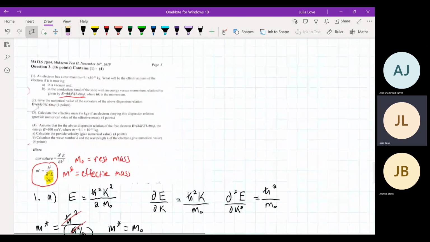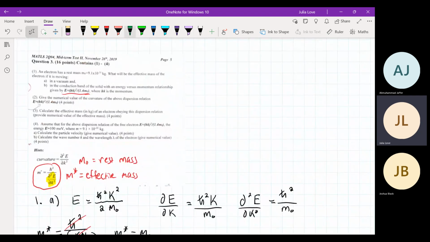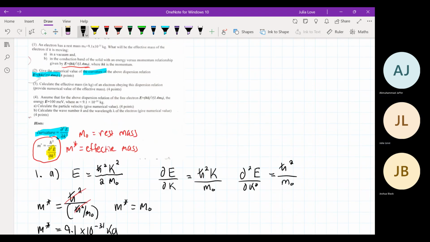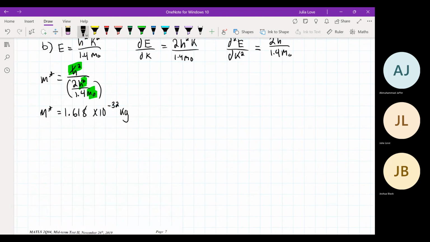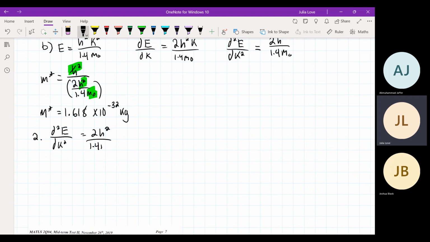And now part 2 is asking for the numerical value of the curvature, and we can also notice here that we're given an equation for the curvature of the above dispersion relationship, with that relationship of energy that we saw in part B. So from above, we know that the second derivative, so we use it again in the curvature equation, is equal to 2h squared over 1.4 m0.